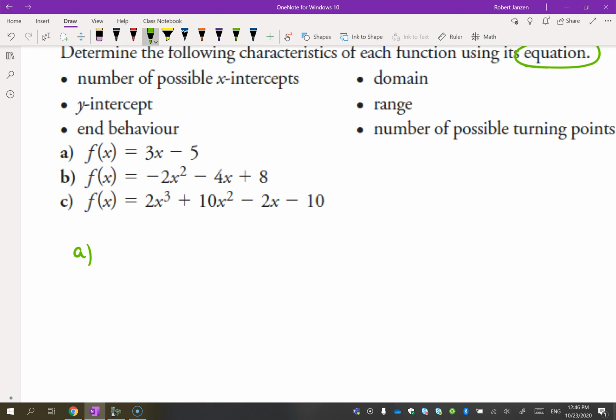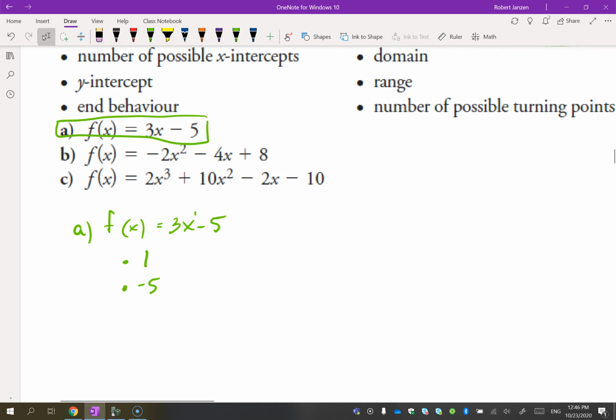Okay, so for A, if I look at A here, let's fill out some information. So it's saying, how many X-intercepts could it have? Alright, well it could at max have 1, because it has a degree of 1. The Y-intercept, I can see it. If I make X 0, then the Y-intercept will be -5. What kind of end behavior is this going to have? Well, this is a positive X, so I know that when I graph it, it's going to look like this.